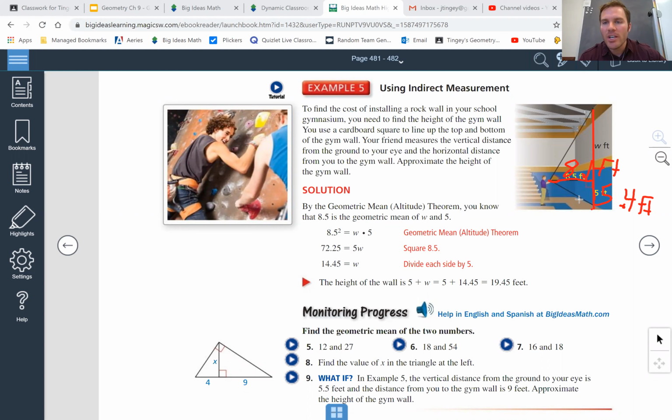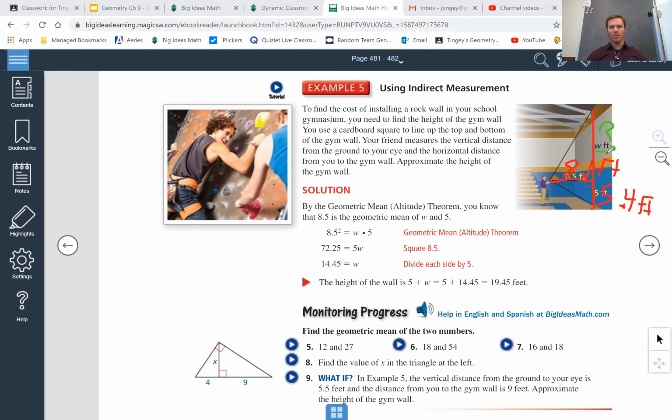We need to know that line right there. That's going to be our X basically, or our W. Let's see, it's W feet.